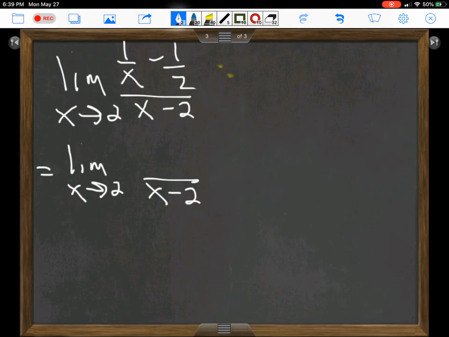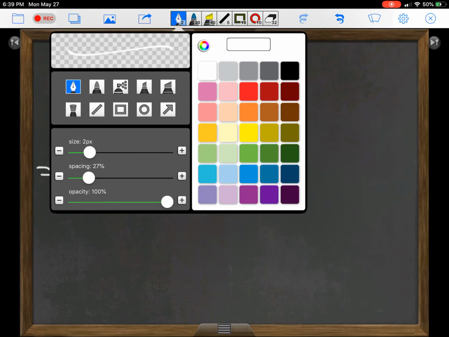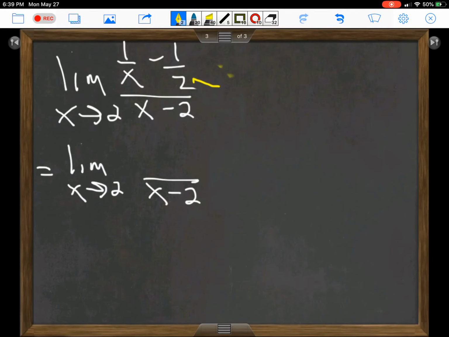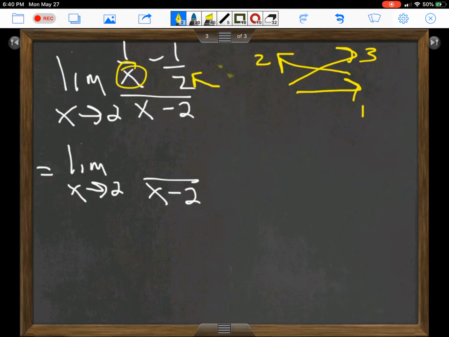And allow me to just pull up the colors so that you can see it. So when I speak of 2, I'm talking about this 2. So we're going to use a method like this. These arrows mean to multiply. All right, so the first step is to multiply x times 2, that x times that 2.